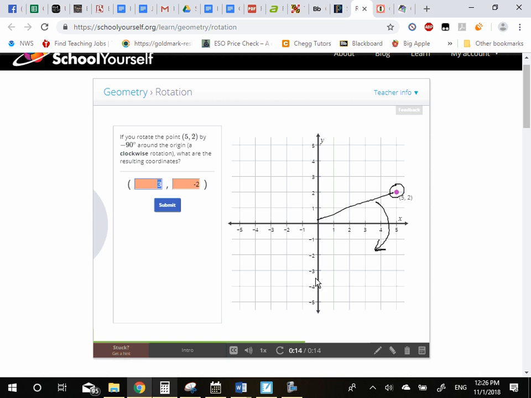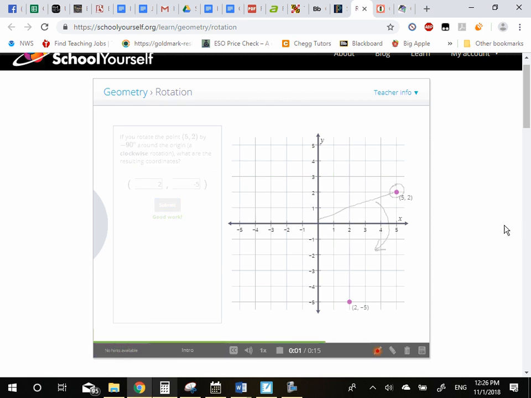So this is going to be going down 5. So I'm going to say it looks more like a positive 2, negative 5 to me. So you get a right angle there.